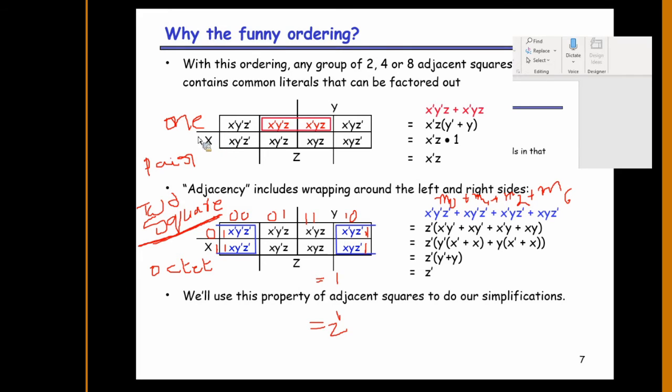So a pair eliminates one variable, hence we got x bar z in the above example, whereas here it formed a square because we have a 4 square or 4 binary cell adjacency.